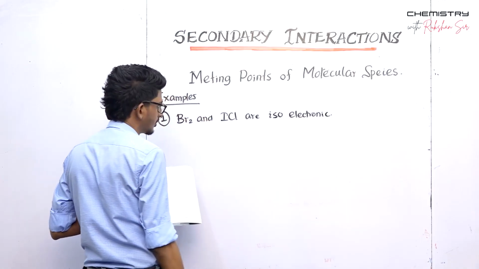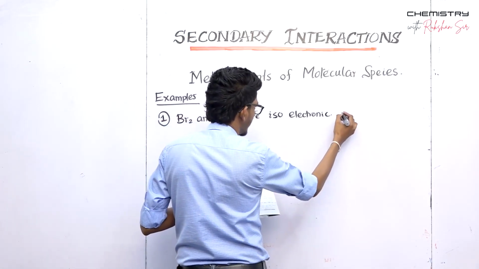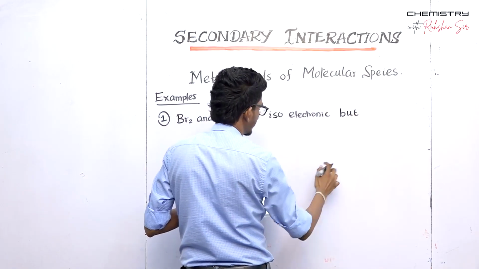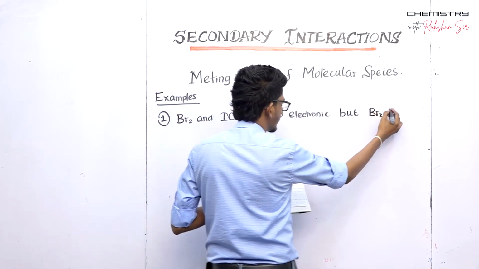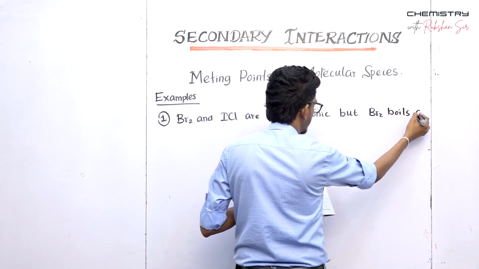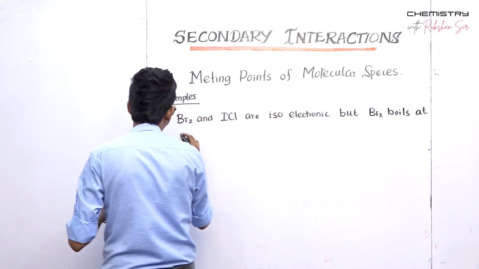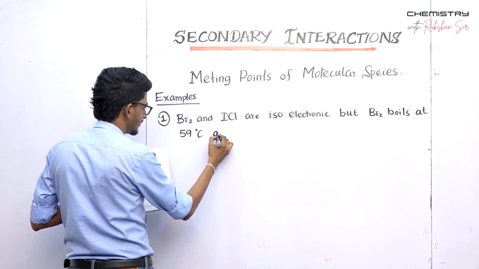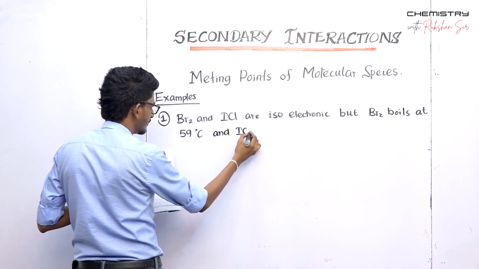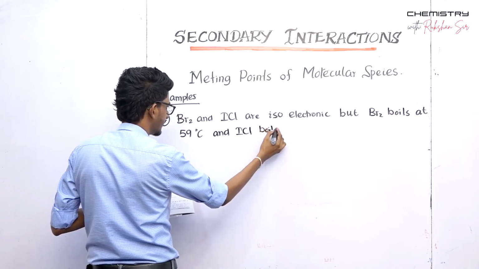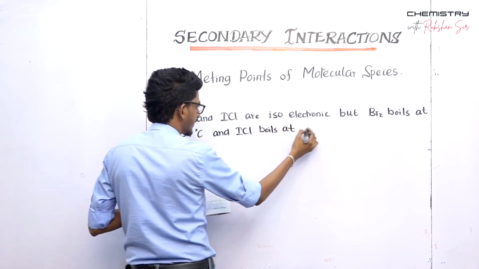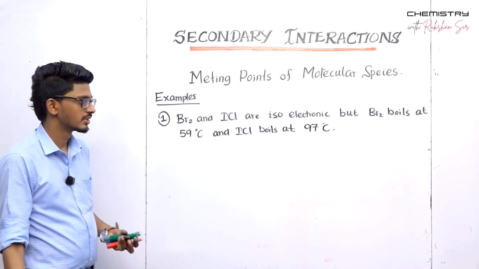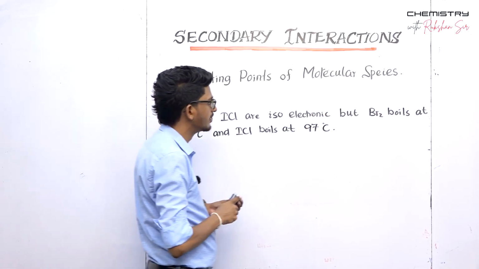But Br2 boils at 59 Celsius and ICl boils at 97 Celsius. Let's try to explain this observation.